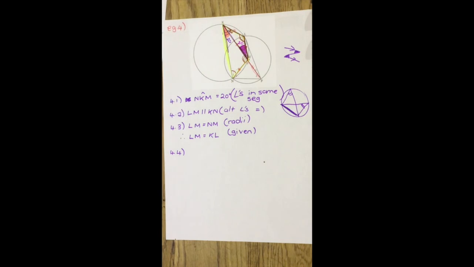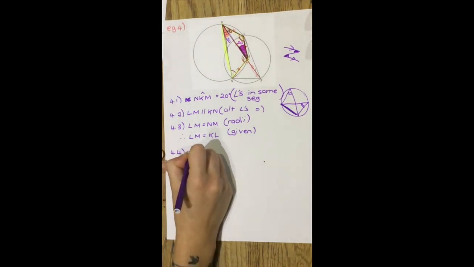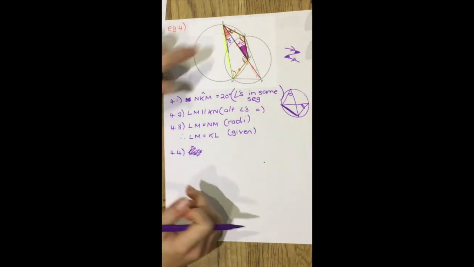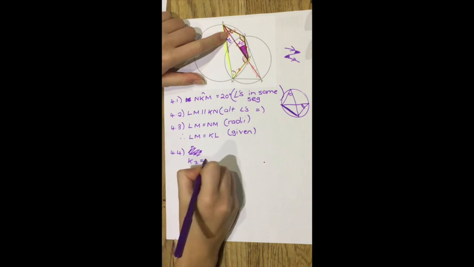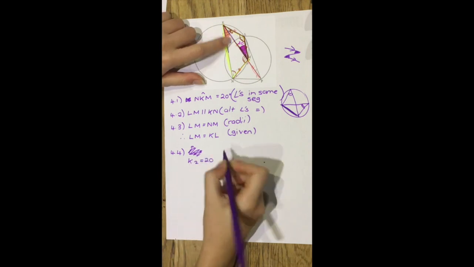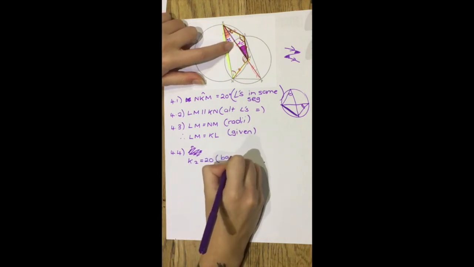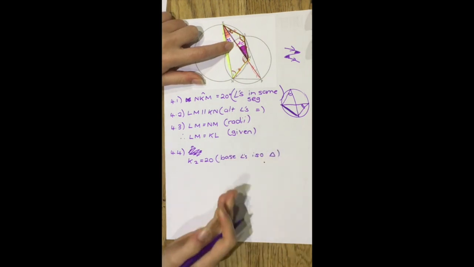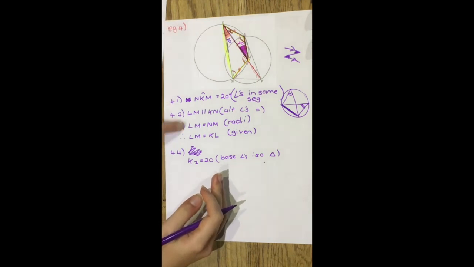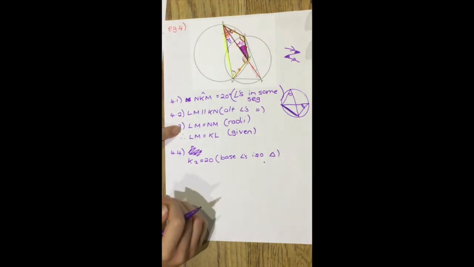First, before we even do that, how did we know K2 was 20? So first I'm going to say angle K2 is equal to 20 because base angles isosceles triangle. You don't need to state that LM equals KL because we basically did that in the previous question.